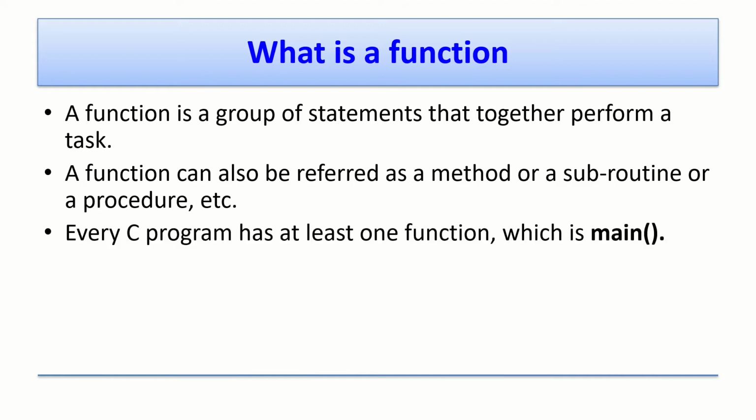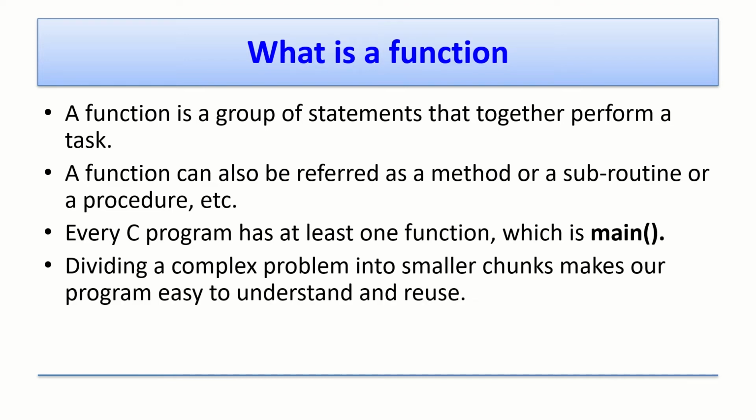Every C program has at least one function, all right? So already we know that is the main function or main method. Dividing a complex problem into small chunks makes our program easy to understand and reuse, right? There can be a big problem, so we can divide that big problem into manageable components.